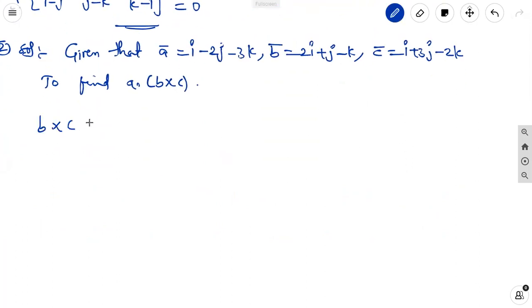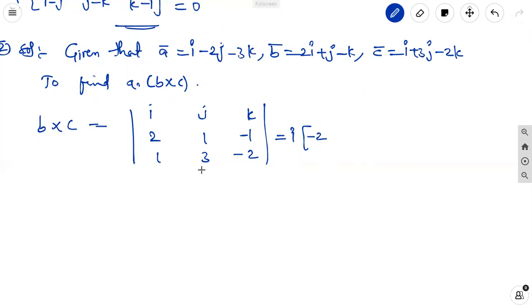Here B vector cross C vector equals the determinant of i, j, k; B is 2, 1, minus 1; C is 1, 3, minus 2. It is equal to i into (1 into minus 2, minus 3 into minus 1), which is minus 2 plus 3, minus j into (2 into minus 2, minus 1 into 1), which is minus 4 plus 1, plus k into (2 into 3, minus 1 into 1), which is 6 minus 1.